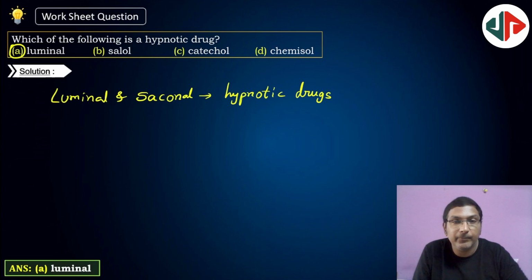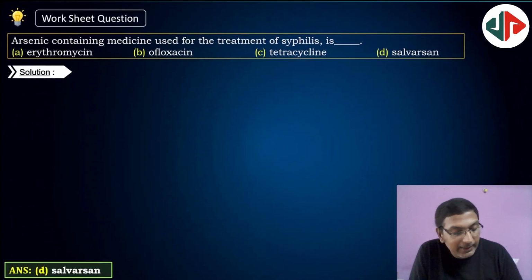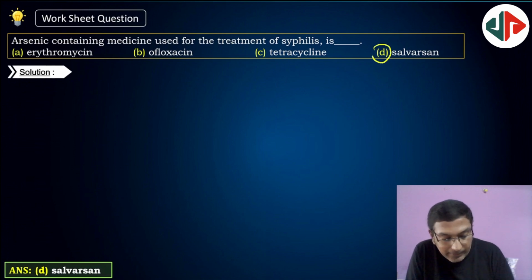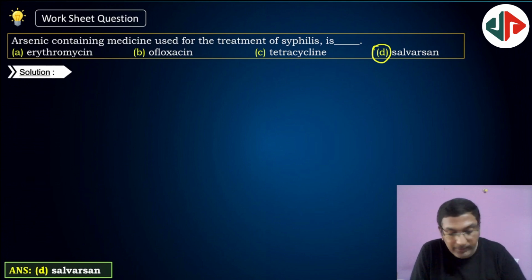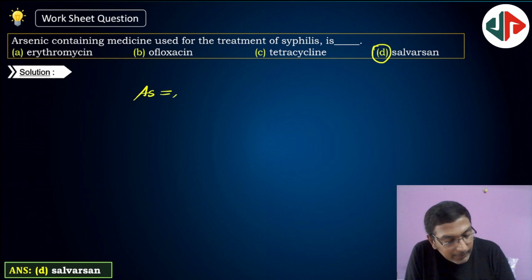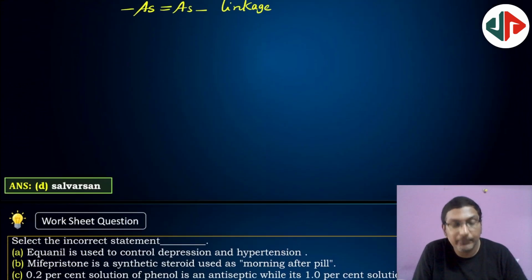Option A. Next. So arsenic containing medicine used for treatment of syphilis is salvarsan. Already I have given structure for this. Salvarsan contains As double bond As linkage. Next.